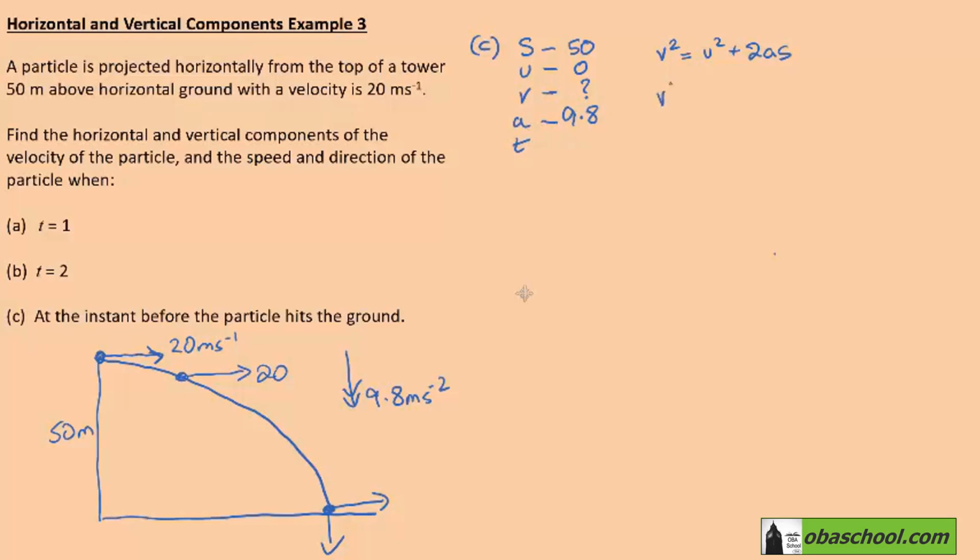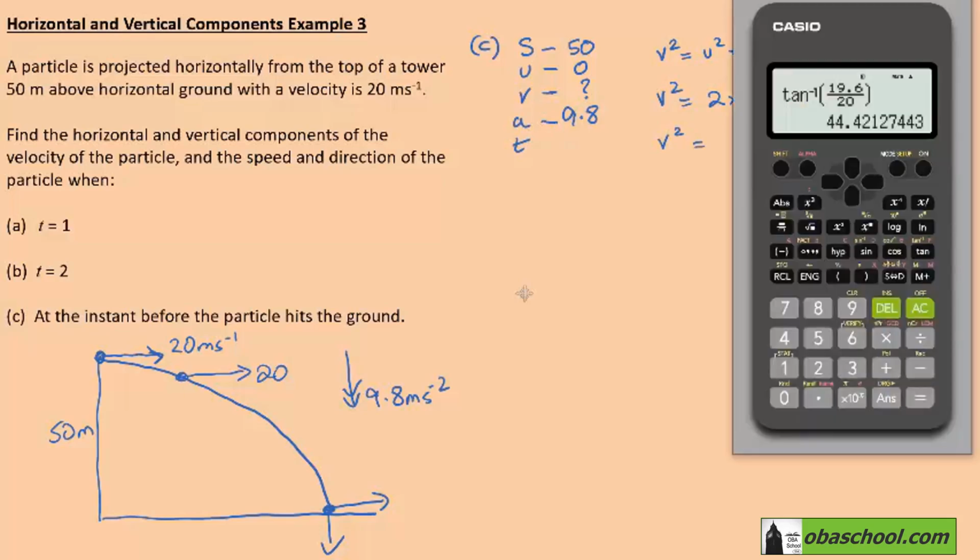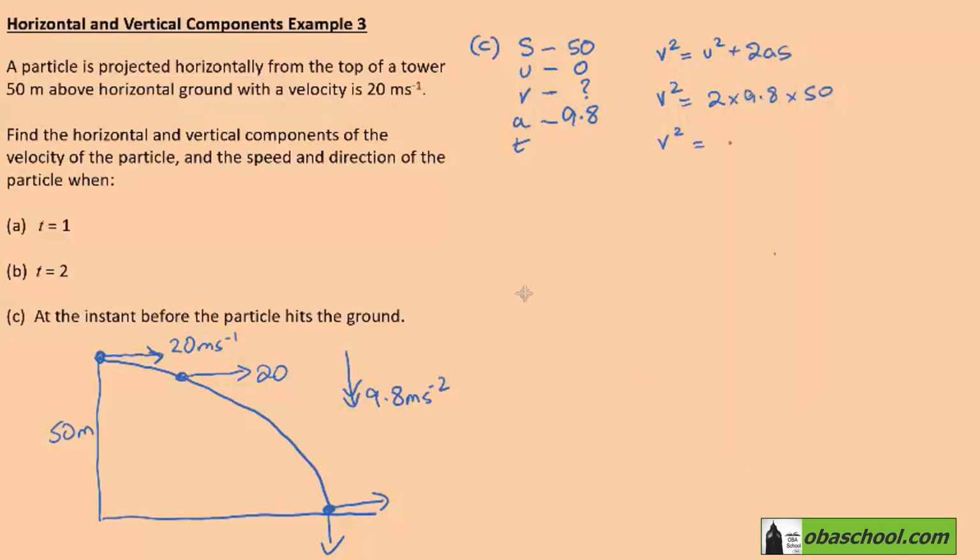So u is 0, and then it's 2 times 9.8 times 50. So 2 times 9.8 times 50 is 980.